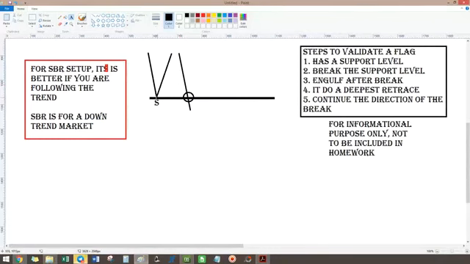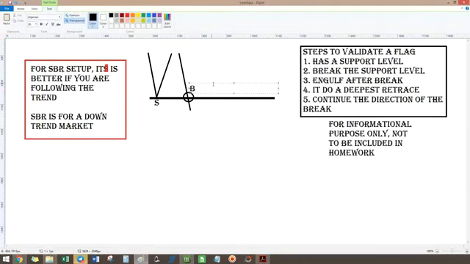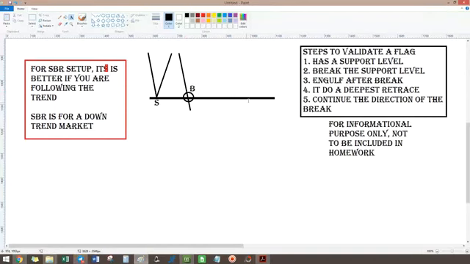So the first one, you have a support level. You have a break. I will write this as B. And then it engulfs. What it means by engulf is it does the thing like this. It goes like this, and then we do the deepest retrace. Where is the deepest retrace? For example, over here.